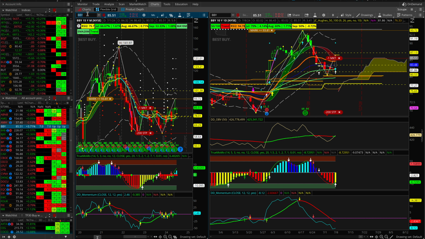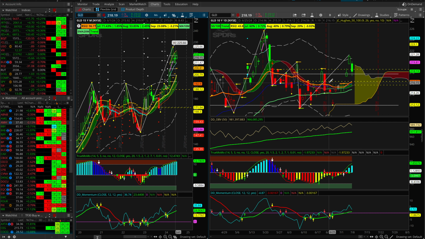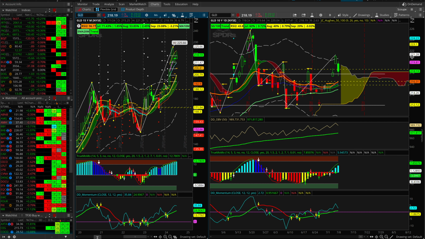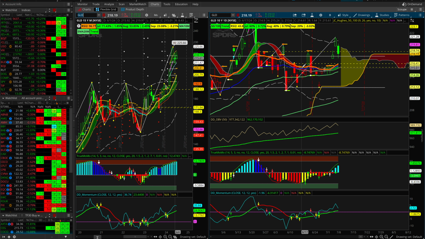And gold, since we're here. Alright, looks like everything's starting to line up again for gold. The 50, the 100, the 34, the 21, the trend ribbon's in the right direction.